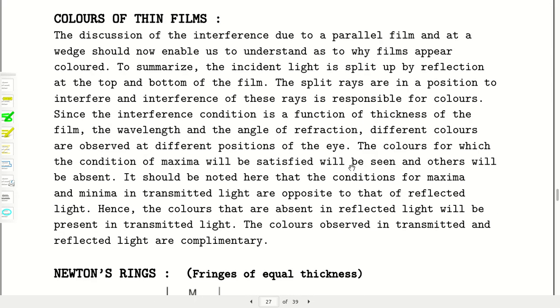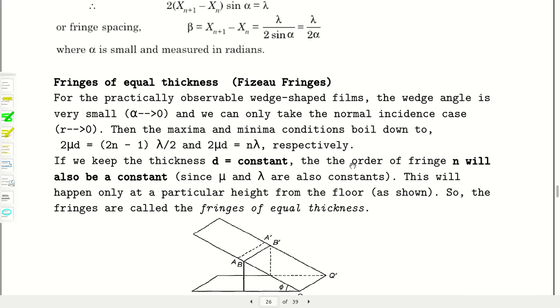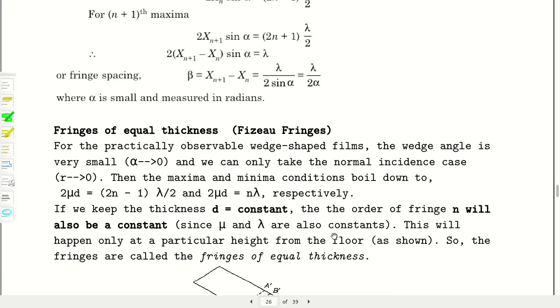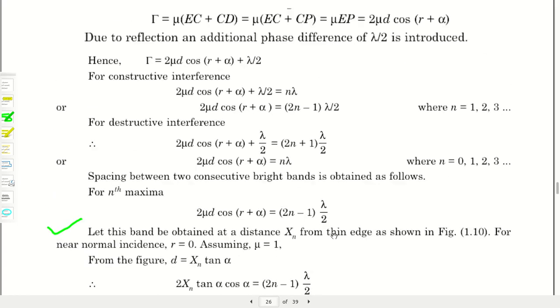Now the topic is colors of thin films, which is similar to what we have talked about. At the very end point of the film the thickness is 0. So just put 0 in the condition. If you put 0 in the expression for path difference, the path difference should be lambda by 2.